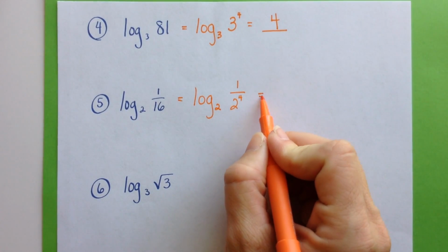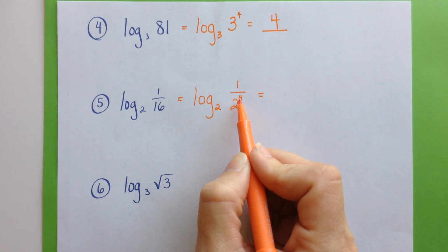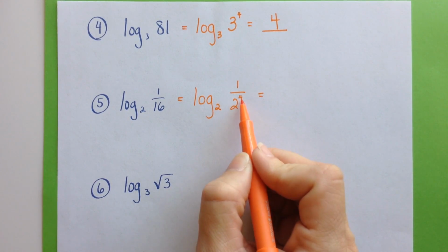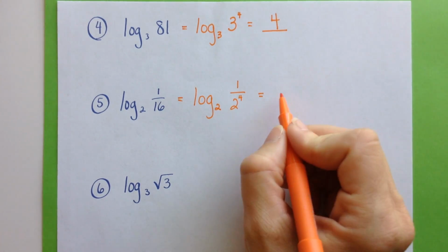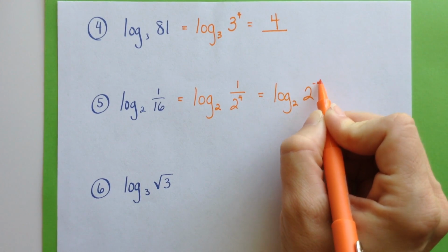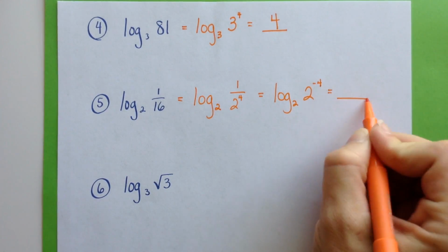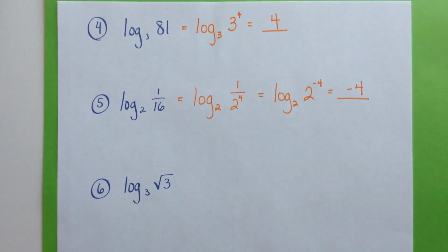But to use the property, I need to have just a 2 to a power. So I can take this 2 to the 4th that I have in my denominator, move it to my numerator, remember, which causes the sign of the exponent to change. So now it looks exactly like your property, and it's just equal to -4.